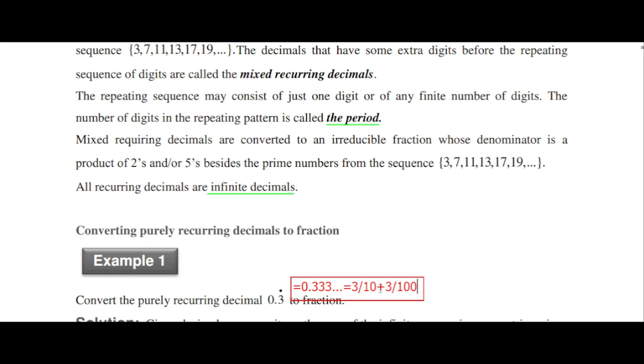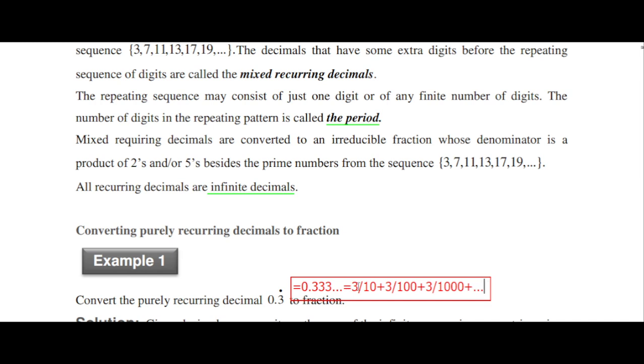When we add these two, we have 0.33, plus 3 over 1000, and so on. This 3 over 1000 is 0.003. After adding all of this, we get 0.333.